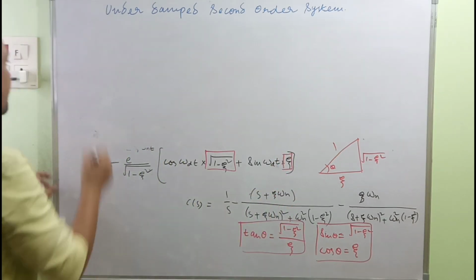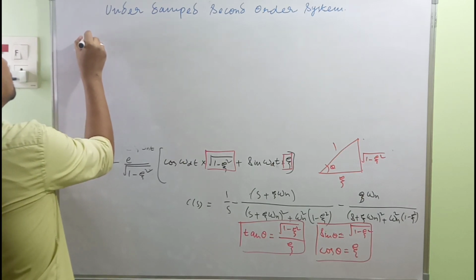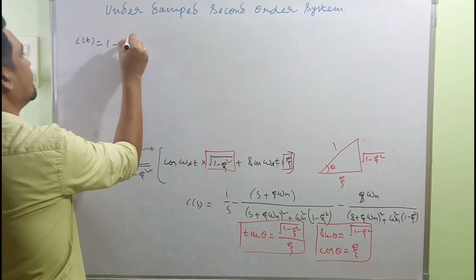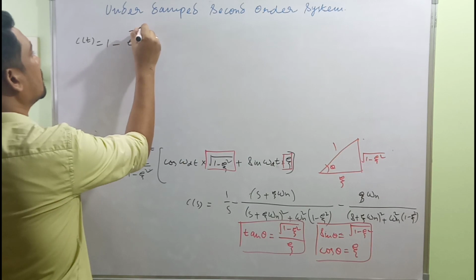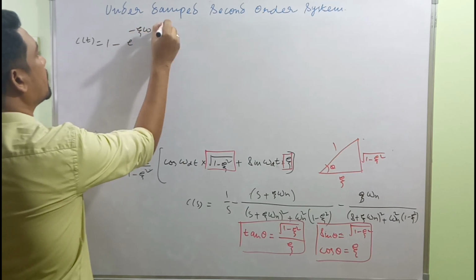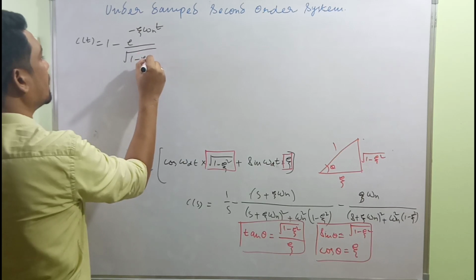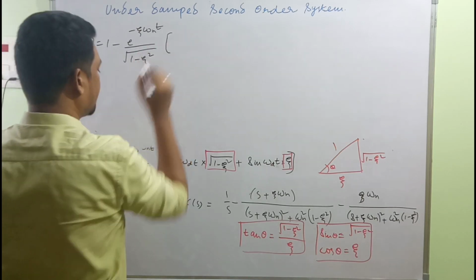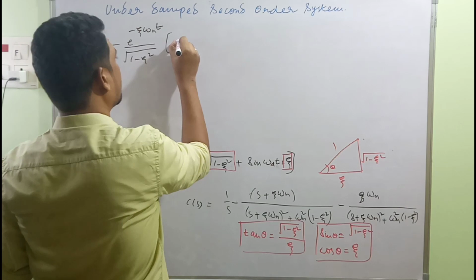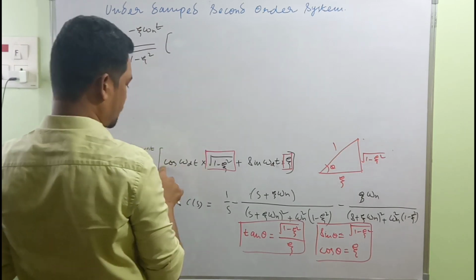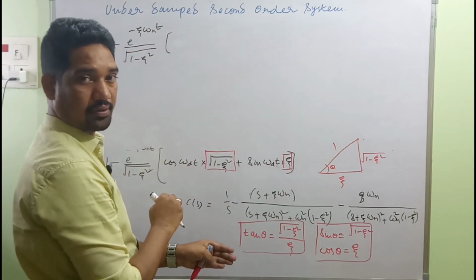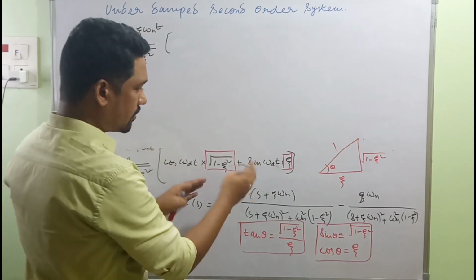So the expression will be c of t equal to 1 minus e raised to minus zeta omega n t upon under root 1 minus zeta square, and inside the bracket what we have is cos omega d t. Guys, it's positive, I'll just flip it, that doesn't matter, that won't change the characteristic.